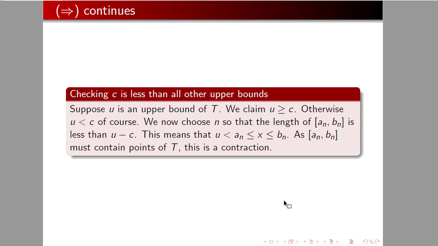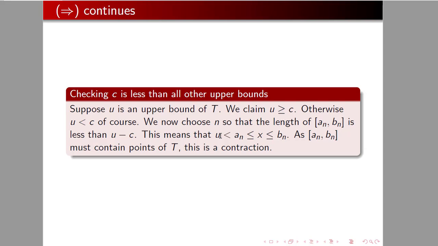Now let's check that this c is less than or equal to all of the other upper bounds. Suppose that u is an upper bound of T. We claim then that u is bigger than or equal to c, because otherwise c is going to be bigger than u. So now we choose n so that the length of [an, bn] is less than c minus u.